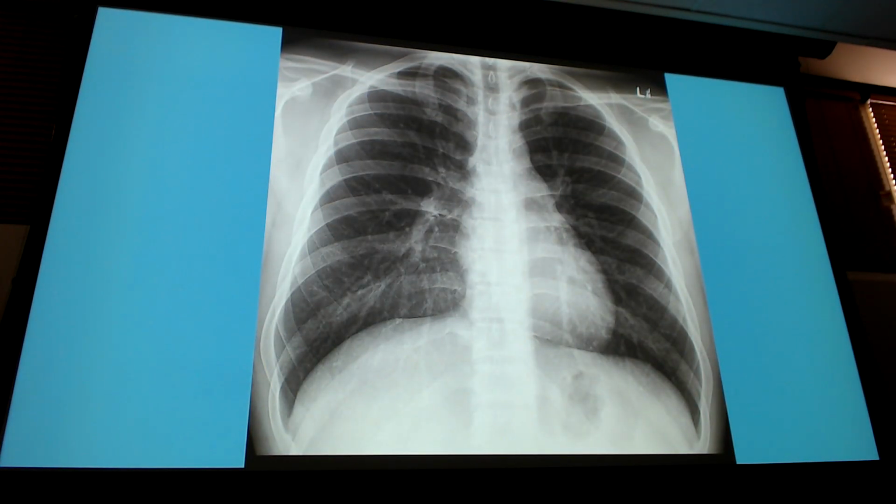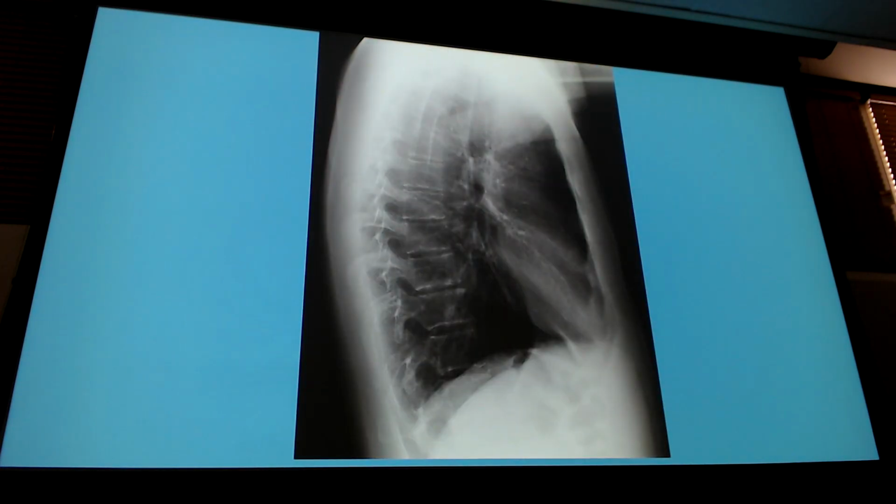Practice chest x-ray for you. The idea behind this one is, can you in your mind's eye tell me where the right atrium is? That's what I want you to do. If you said here, or here, you're correct.